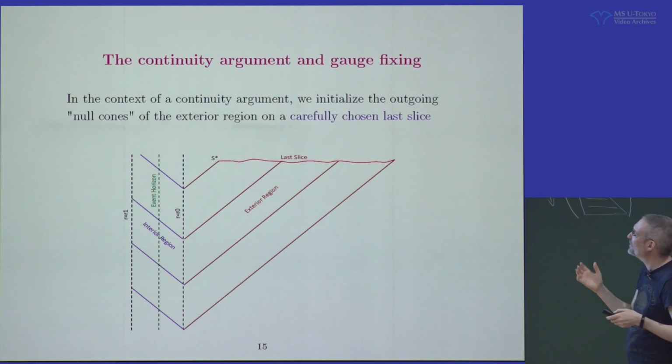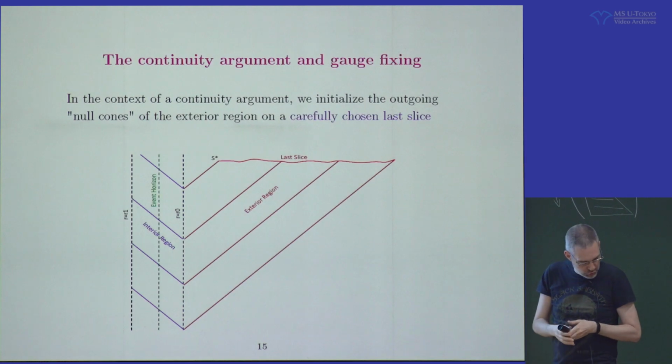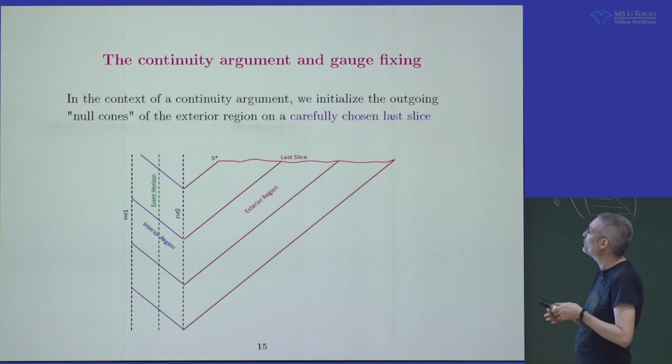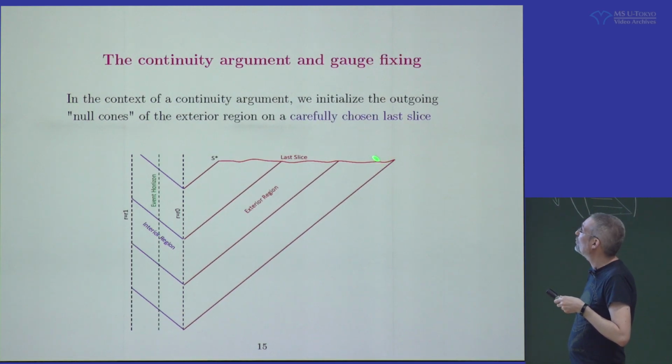Okay, which means that in this proof, you never work with an infinite spacetime. You only work with a finite Lorentzian manifold, and this is what I want to show you here. I want to show you the manifold with which we work, and because it's finite, it has to stop at the last hypersurface, which I'm going to call the last slice, because I'm slicing my spacetime.